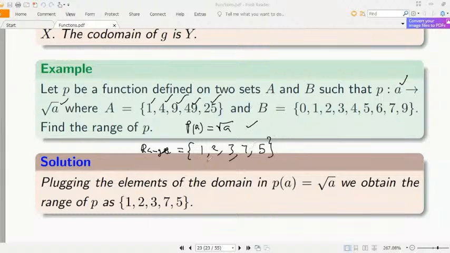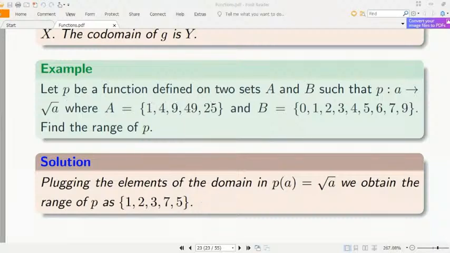This is the range. That's how you do it. Just use the definition of the mapping of that function.